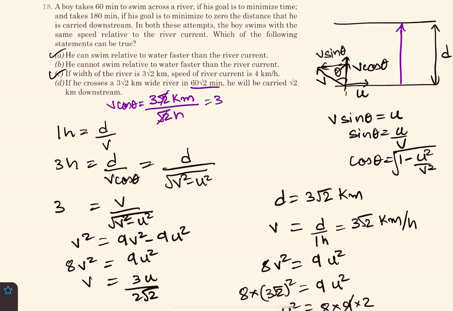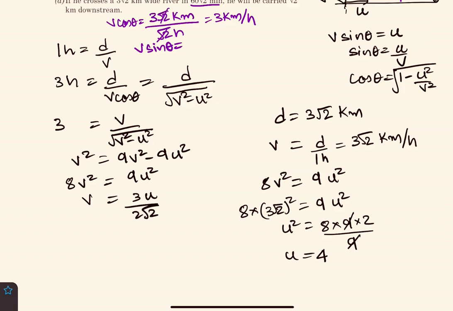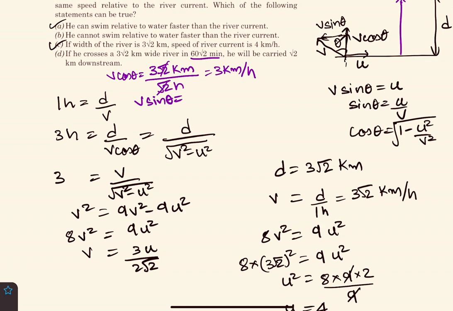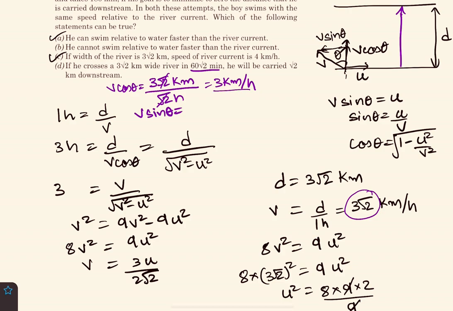So if v cos theta is 3 kilometer per hour, and v, total, is 3 root 2, that means v is making an angle of 45 degrees with the perpendicular direction.